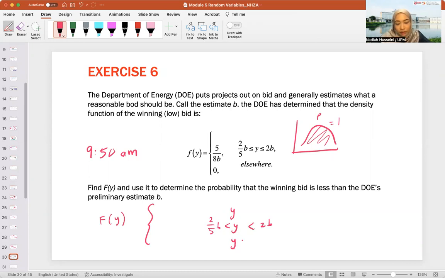This would be y greater than? Y would be greater than? 2 over 5b. Greater than? Or are you talking about the less than? 2b. Which one is it? Can you say your sentence properly?